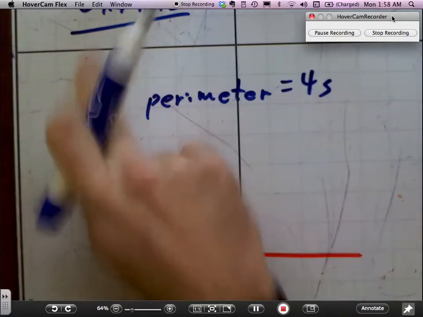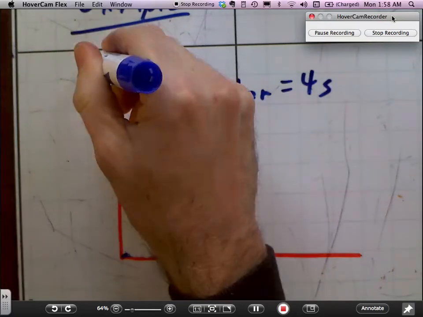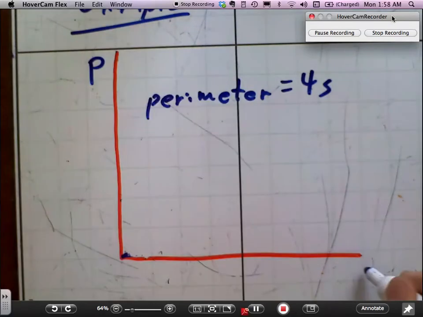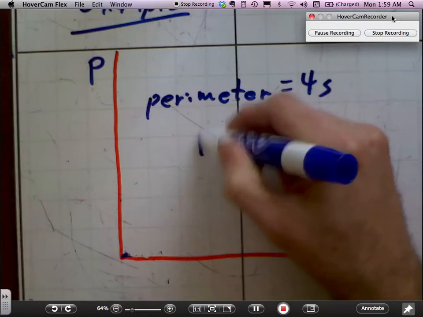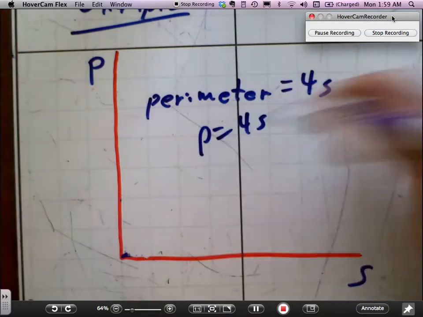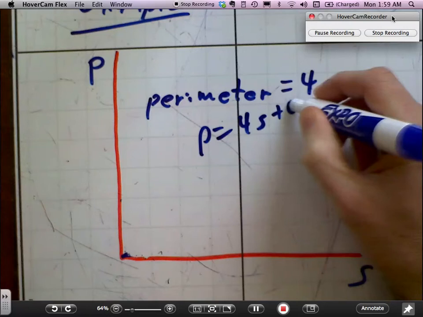If we were doing it on a nice little graph, we could put P on the vertical axis for perimeter and s on the horizontal axis for the side of the square. You can probably see from this equation pretty easily that it does go through the origin. We know that because there's no y-intercept. In our little equation, P equals 4s, the y-intercept would just be plus 0.